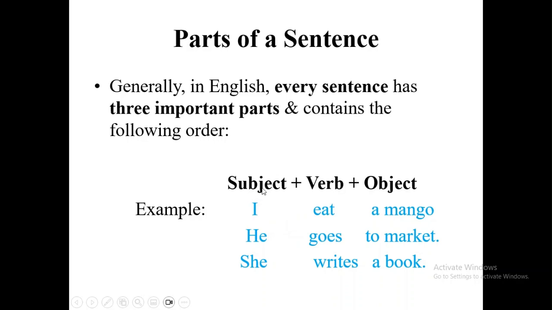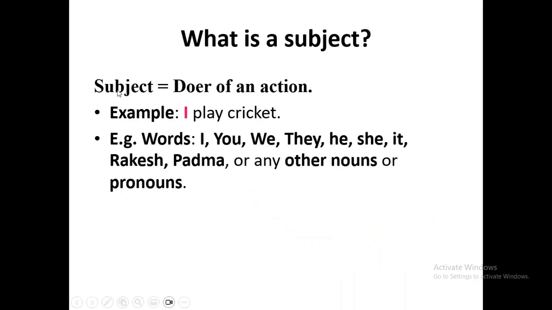Now, let us try to understand what a subject is. This is very important. The subject means the doer of an action, a person who performs some action. For example, in the sentence I play cricket, the pronoun I is considered the subject.